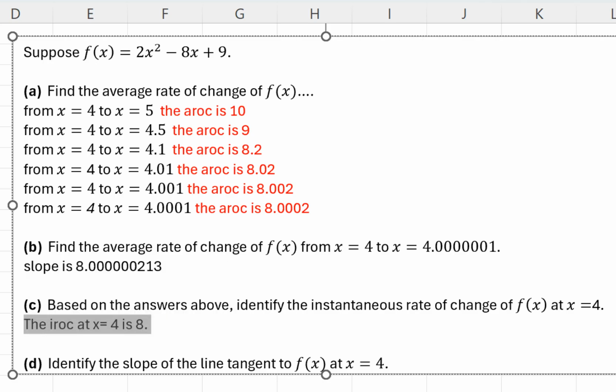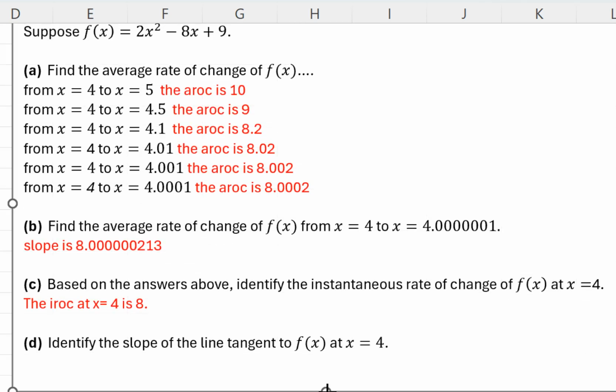The value of the instantaneous rate of change is the limit of these slopes of the secant line. As the x value of the second point gets closer and closer to x is 4, the average rates of change approach this number 8, and that number that they're approaching is the limit of those slopes. That limit, the number that these are approaching, is the instantaneous rate of change.